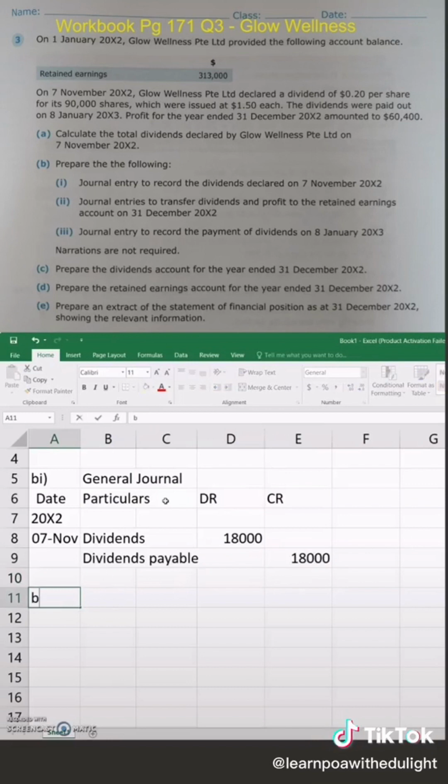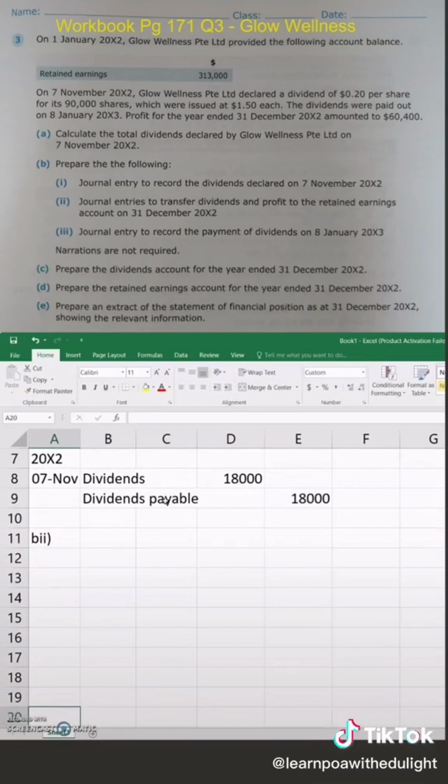Now B2. B2 is saying journal entries to transfer the dividends and profits to the retained earnings on 31st December X2. In part 1 of the video, you will have seen that I stated clearly in the retained earnings account that dividends and profit are transferred at the end of the financial year.